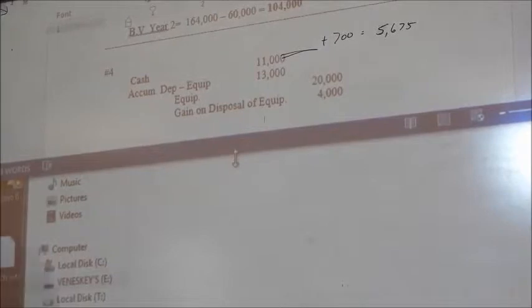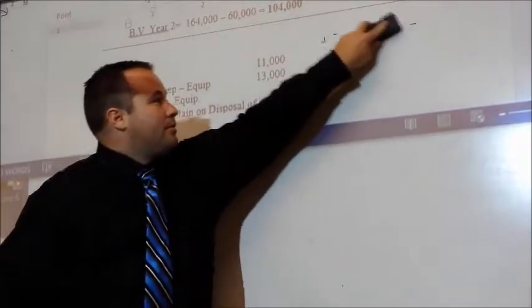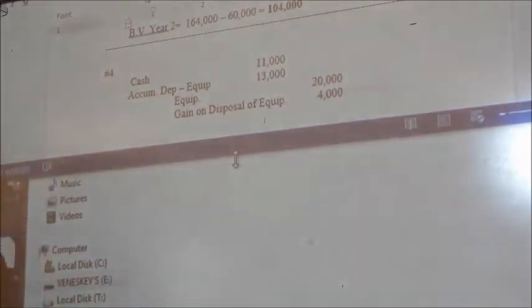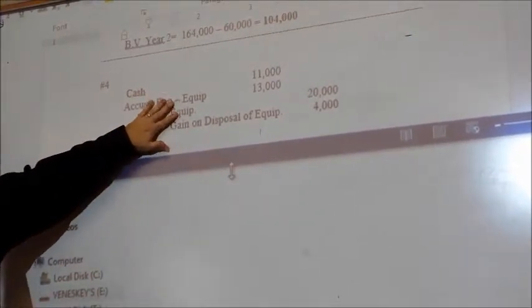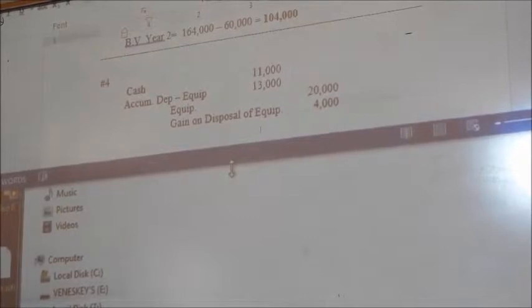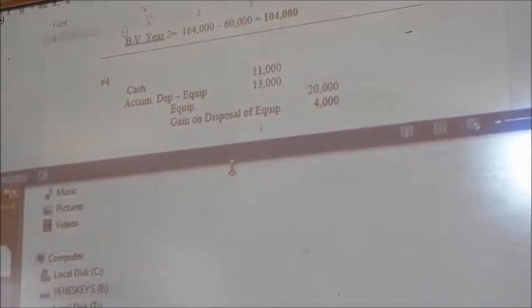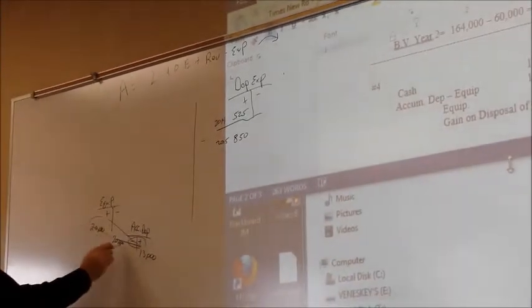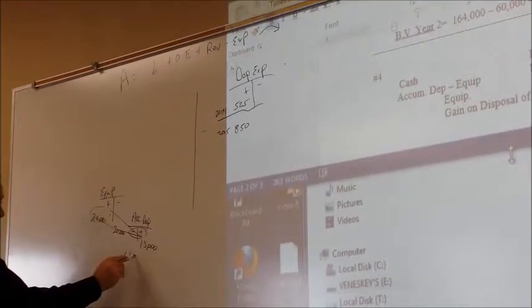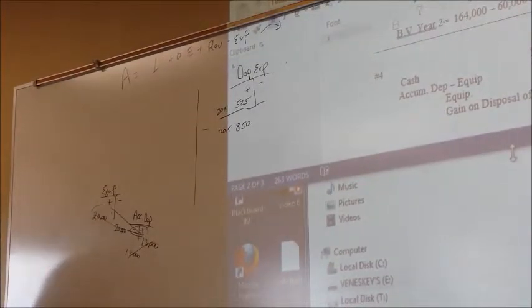What did I get? Cash. How did I get it? Well, I got rid of my asset, and I got rid of the accumulated depreciation, so I have to get rid of them. So I have equipment of 0, and I have accumulated depreciation now of 0.